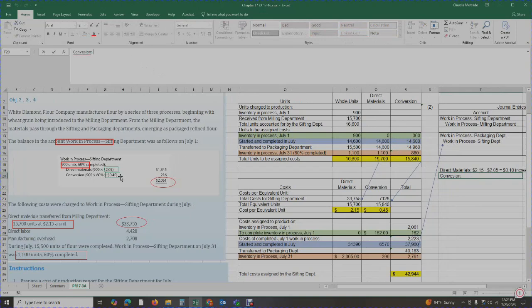That was what we paid last month in the month of June. Now in July, my conversion cost is 45 cents. So we're going to have 45 cents minus 40 cents. That's going to give me a 5-cent increase.